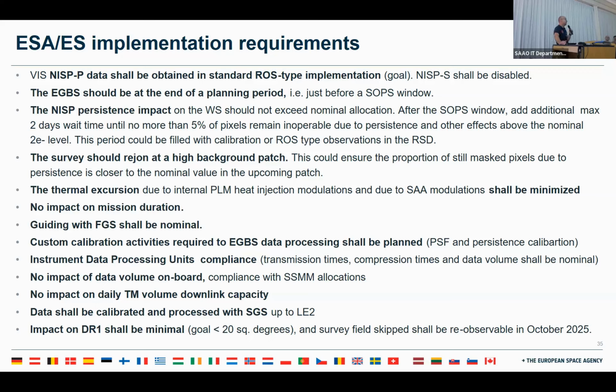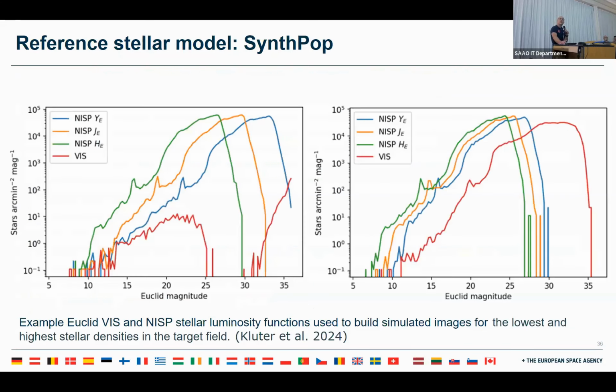The fine guidance sensor can work in the very high stellar density of the Galactic Bulge region. We also had to clarify that the data rate we are producing is still fine, and that the compression time and the processing time by the computer of the VIS instrument can deal with the unusual content of the data, because it's highly incompressible data, so the data volume and the compression time are increasing.